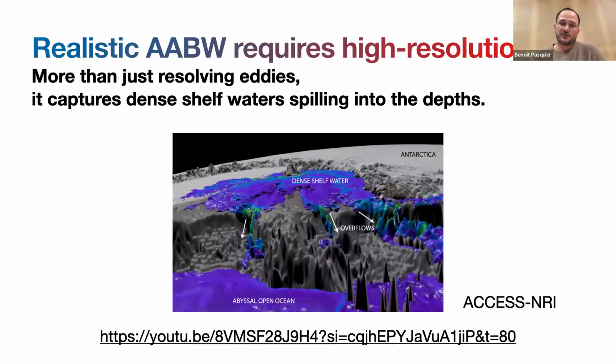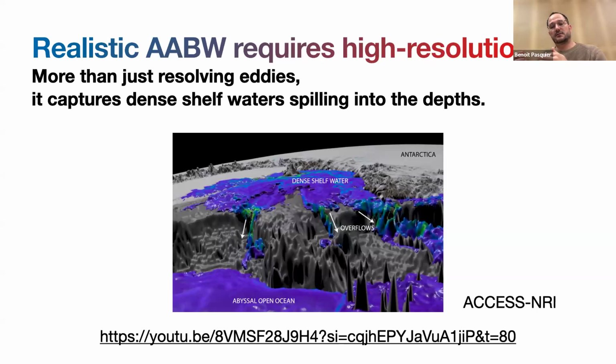Why do we need high resolutions for these questions? I'm sure some people in the audience can explain it better than me, but there's this very nice video put up by ACEAS NRI where they show this dense shelf water forming near Antarctica and how it sinks along the continental slope.